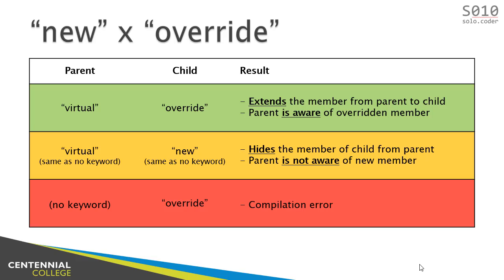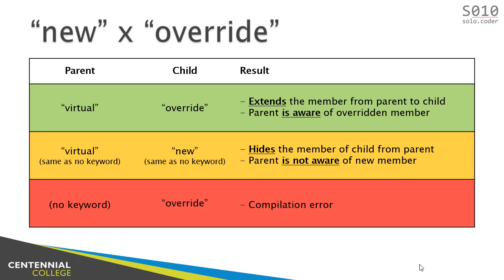Now, the children also has the option to say, hey, I don't want to override, I just want to redefine that. I want to use the keyword new. It's possible. As I mentioned last time, I'm not going to hammer too much on the small nitty-gritty details about the difference between virtual and new and virtual overrides. There is a minor difference, but I'm not going to be asking you for that.